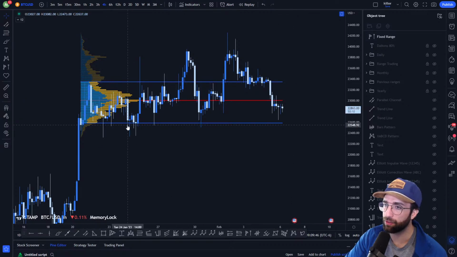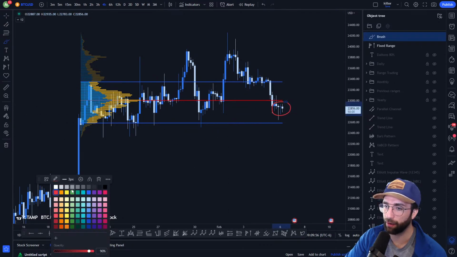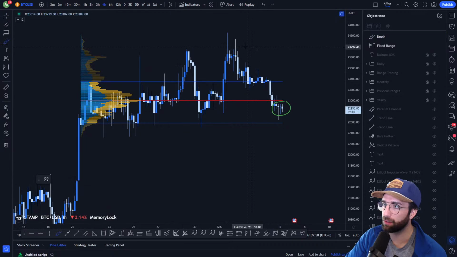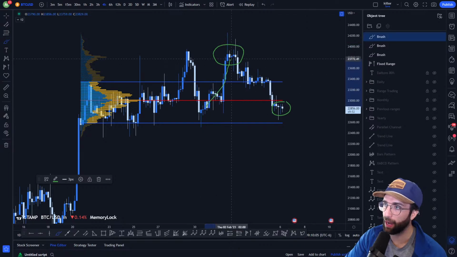This gives us the value area. So right now we can say price is trading inside the value area, and up here, price was trading outside of the value area. We can see price tried to break out of the value area, and then it came here and fell back in.